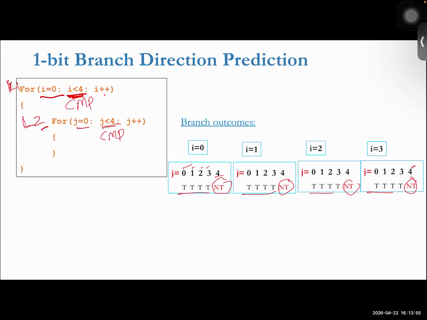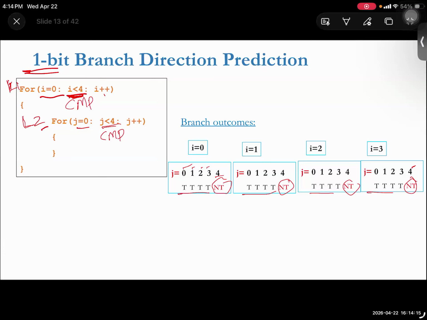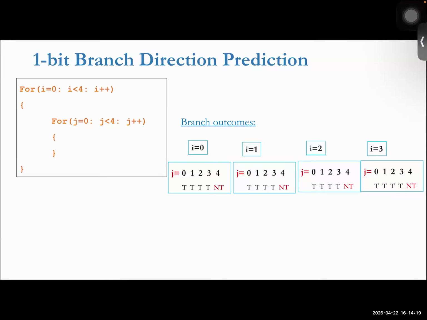Correct? So here the assumption is, assume the branch is not taken. In one bit prediction, when new hardware is designed, it starts with the branch will not be taken. The first assumption is to record the history of this branch behavior in a one bit saturating counter, for branch direction prediction.